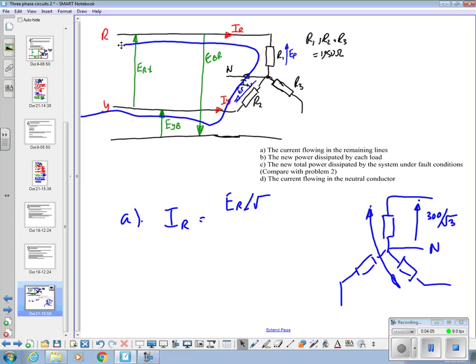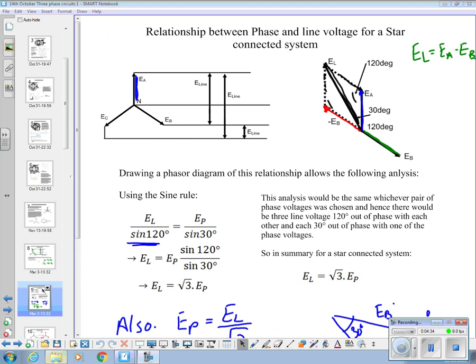But one phase of your motor going open circuit is not going to make a difference. So in reality, yes, that would make a slight difference to that load, but in theory, it doesn't. Still 300 volts there. So we've got the full ER over root 3 divided by R1. So pause.